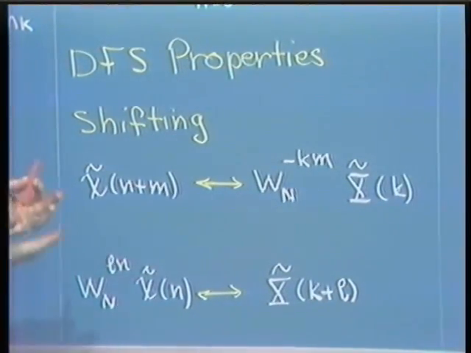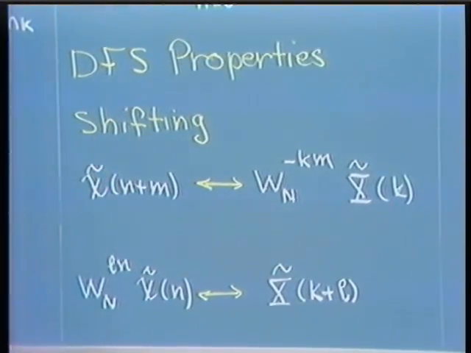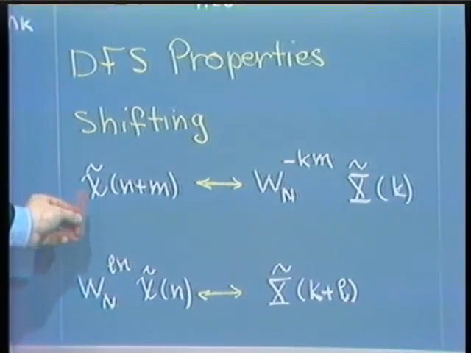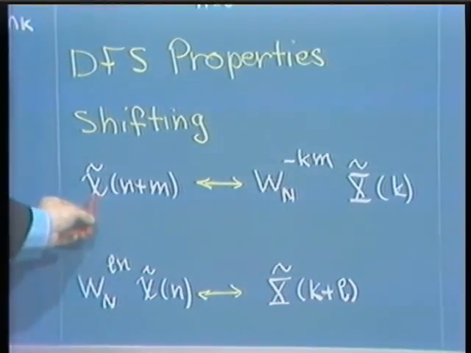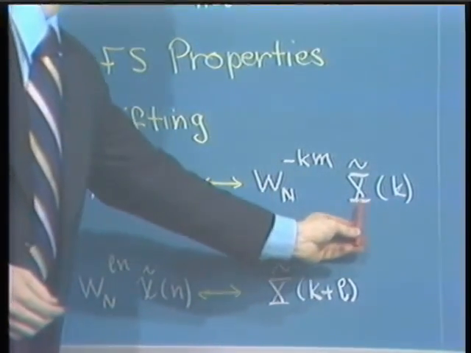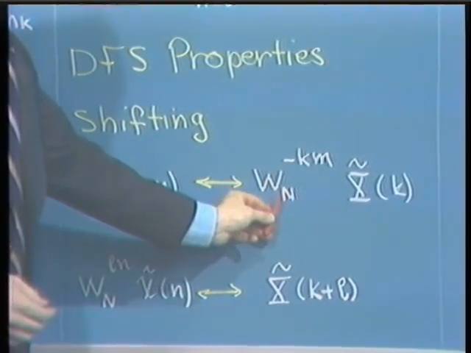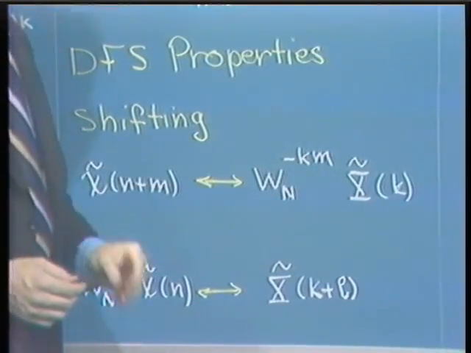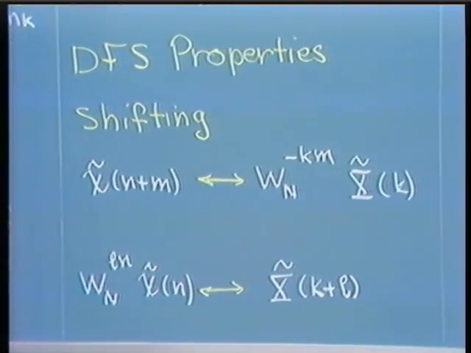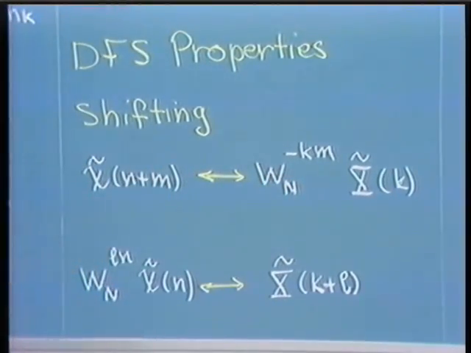In particular, if capital X tilde of k are the Fourier series coefficients for little x tilde of n, then the Fourier series coefficients for that sequence shifted, that is little x tilde of n plus m, corresponds to multiplying the Fourier series coefficients by W sub capital N to the minus km. Shifting the sequence involves multiplying the Fourier series coefficients by a complex exponential, which is what this is.